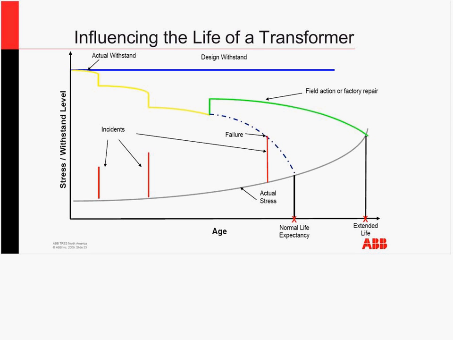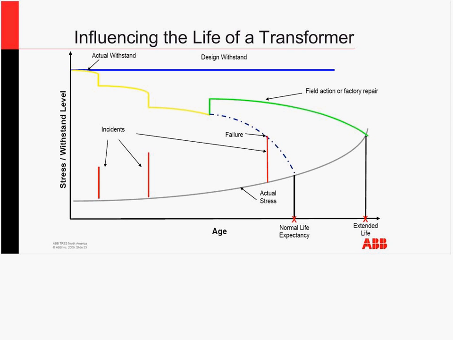I think it would be unrealistic to think that an insulation system would forever have a withstand that would follow this blue horizontal line, because that's the withstand it starts its life at. But with age and condition, the withstand capabilities of an insulation system will deteriorate with time.